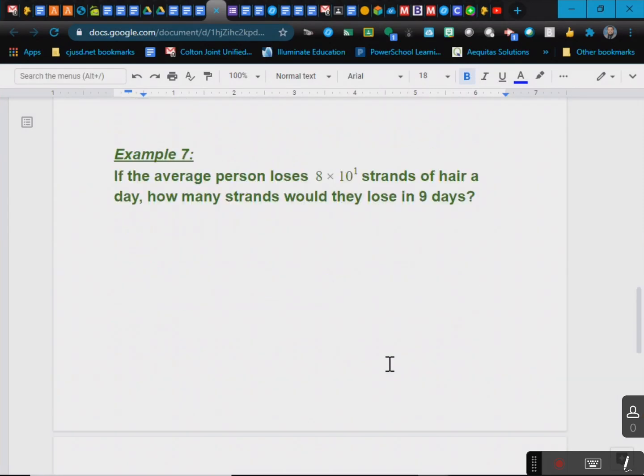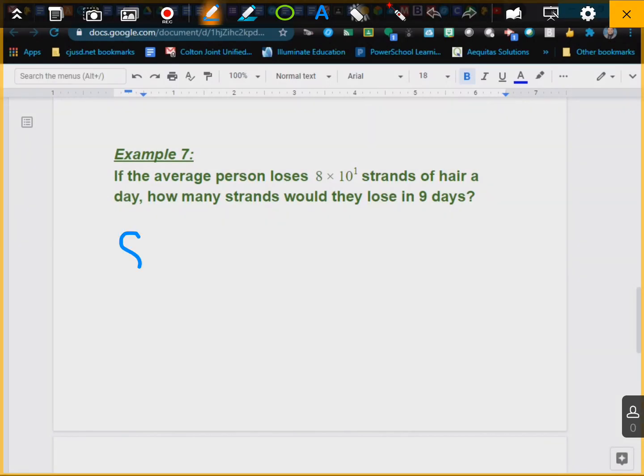The last example says, if the average person loses 8 times 10 to the first power strands of hair a day, how many strands would they lose in 9 days? So you're going to take 8 times 10 to the first power times 9.